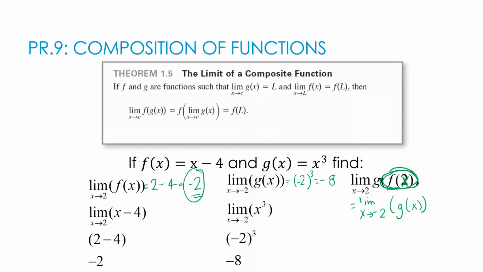Because the limit of f of x as x approaches 2 is negative 2. So that becomes our new limit. And now I'm taking the limit as x approaches negative 2 of g of x, which we've already determined is negative 8. So that is how composition of functions with limits works. You're just using it with the limits instead of the function itself.